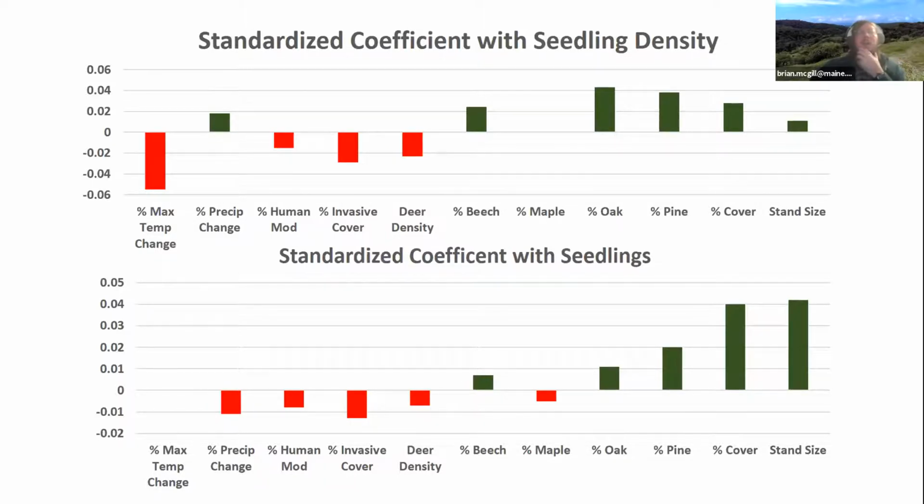And you can see that for seedlings, climate change is actually a pretty big negative predictor, but some other factors like land cover, land use change, human modification, the percentage of invasive species and deer density are all significantly negatively impacting seedling density. It's largely a similar story for saplings as well.